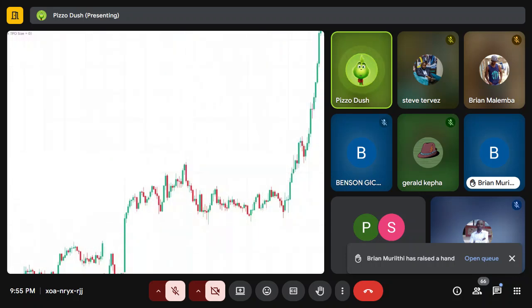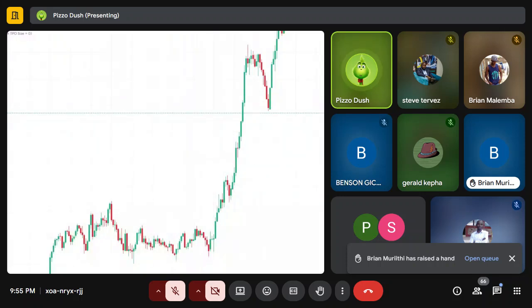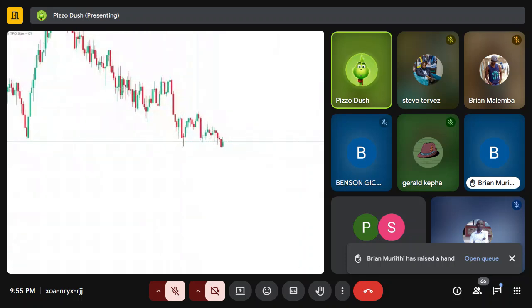Ni 5 minutes time frame. 145.456. GBP USD imefika 145 kweli? Unasema GBP USD ama USD point? GBP USD. GBP USD haijafika 145. GBP USD it's currently at 1.33. Okay, let me reconfirm, nitakutuma kwa group.